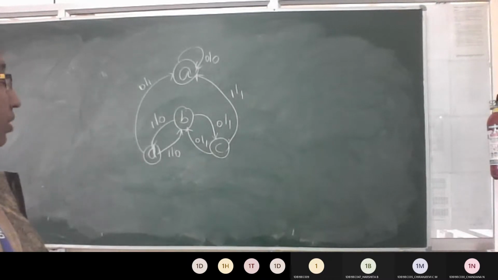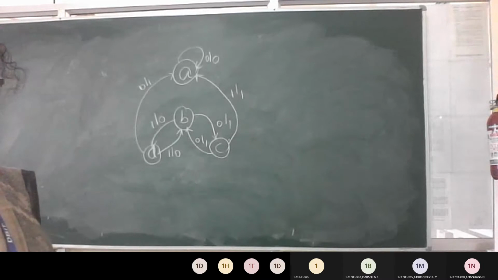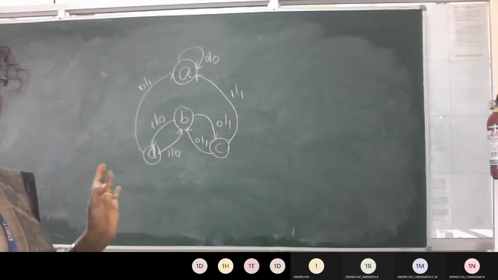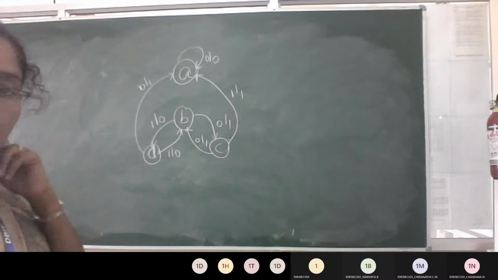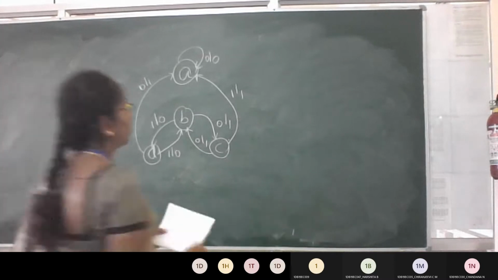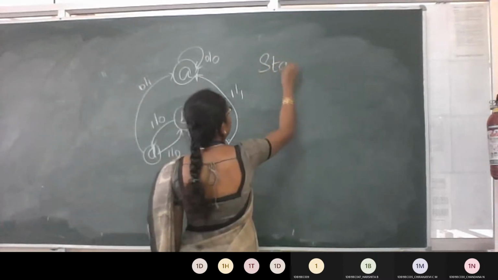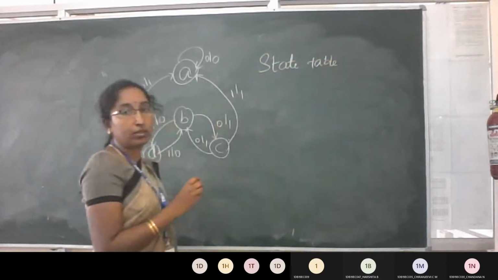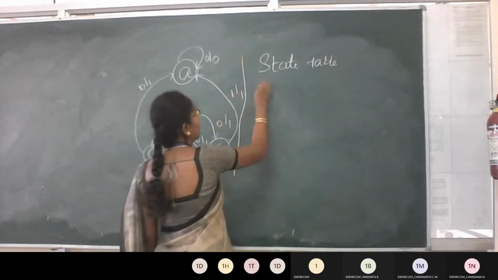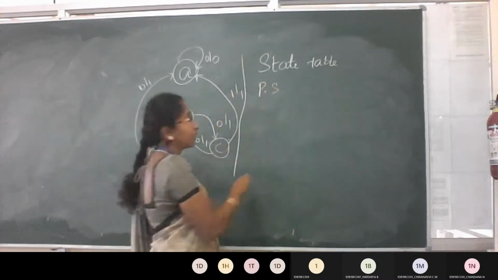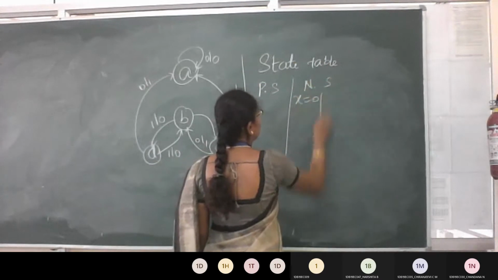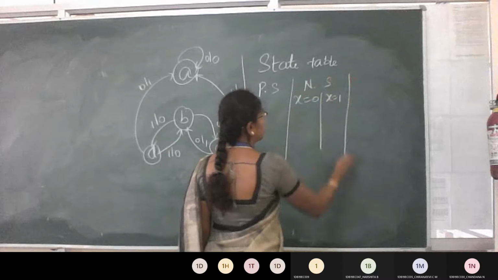Now here, you need to write a state table, then a transition table. The state table consists of states for both transitions, when x is 0 and x is 1. So the state table consists of the present state, short form PS, and the next state when x is 0 and when x is 1.